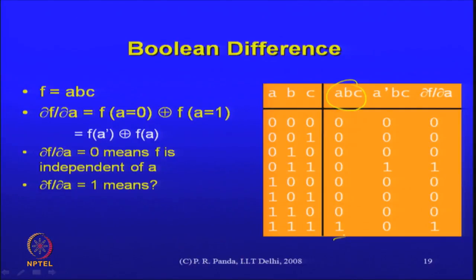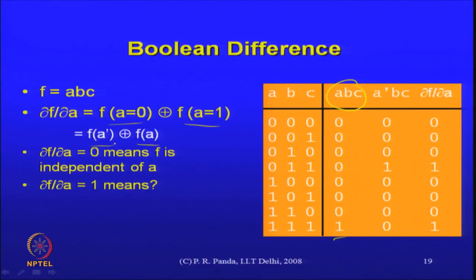Boolean difference of a function with respect to one of its input variables is defined as that function if you substitute a equals 0 XOR that function when you substitute a equals 1. It means f of a XOR f, if you just replace the a's by a prime in the function.